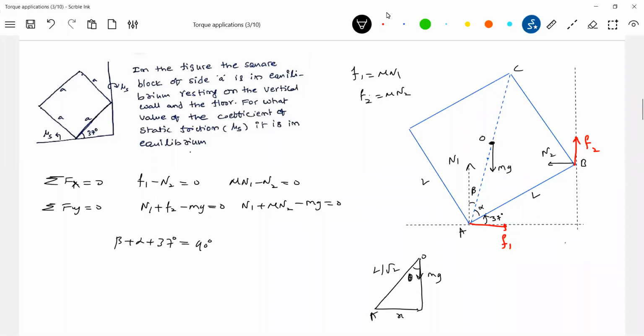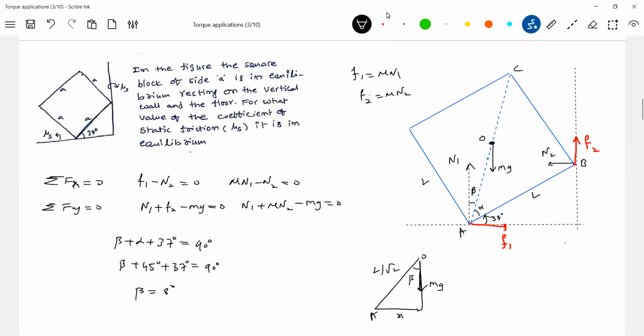And alpha must be 45 degrees. So beta equals 8 degrees. If beta is 8 degrees, then this should be the beta, no? Am I right?